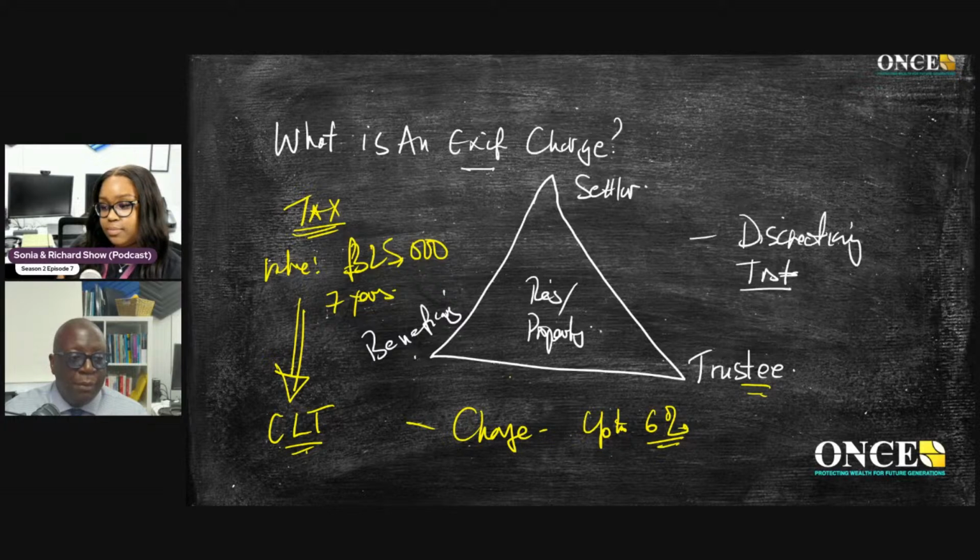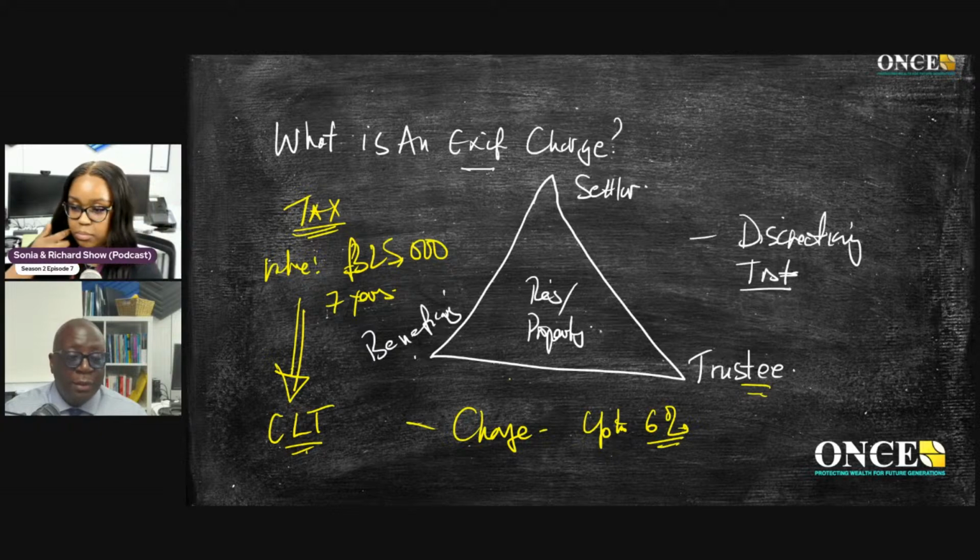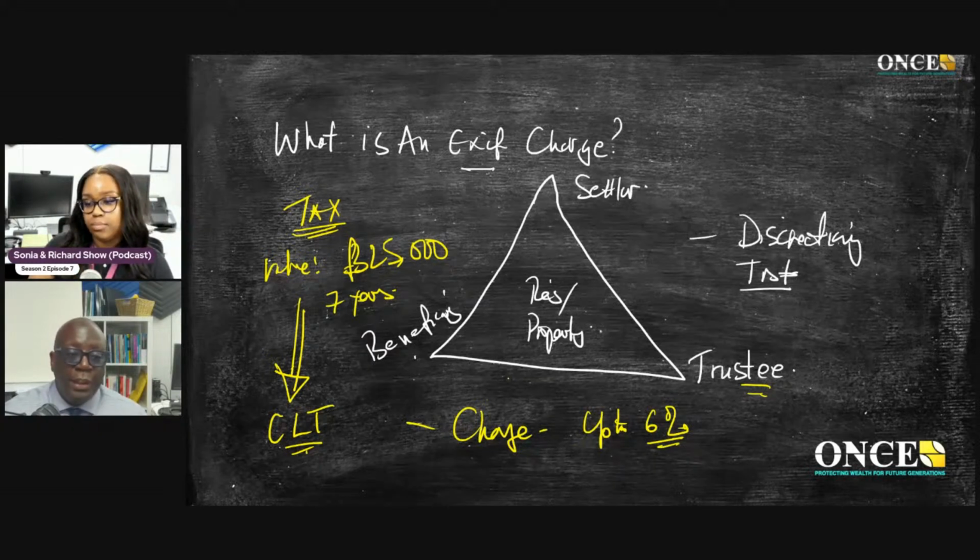Why is that relevant? Because if you're not aware of it, you're going to get a knock on the door from Mr. HMRC saying you need to cough up some cash, or the trustees will be saying we need to cough up some cash. If you've got lay trustees, you may not be aware of it, and then you get stung with a surprise later down the line. So it's important that you're aware of that.